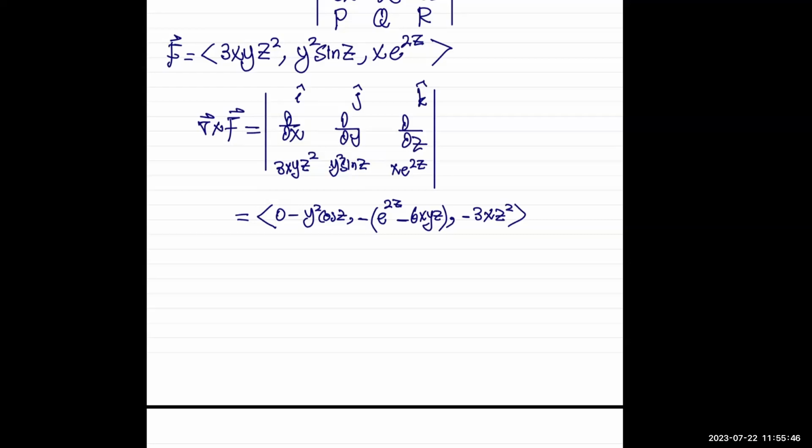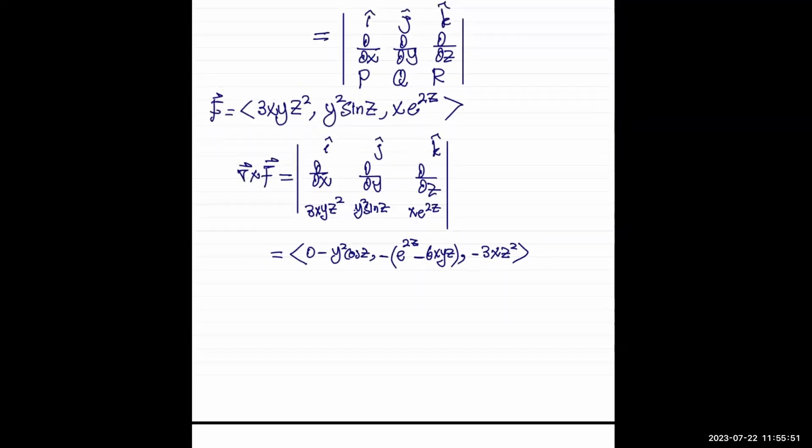Yes, so this is the curl of the vector field F. So what does the curl really do? It measures what the name says. It measures rotation in a vector field.